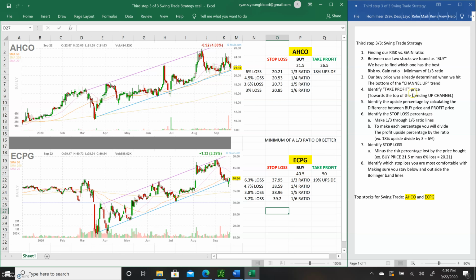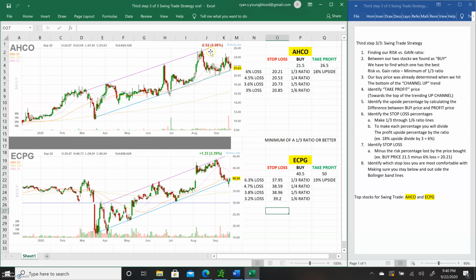Then we're going to identify the take profit price, and that's going to be towards the top of the trending up channel. So it kind of ends here, but if this purple line kept going up, it would be a little above this 26 mark here. So our take profit is going to be at 26.50. We're going to put it right here.